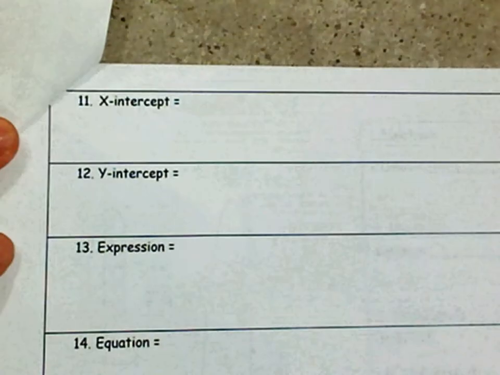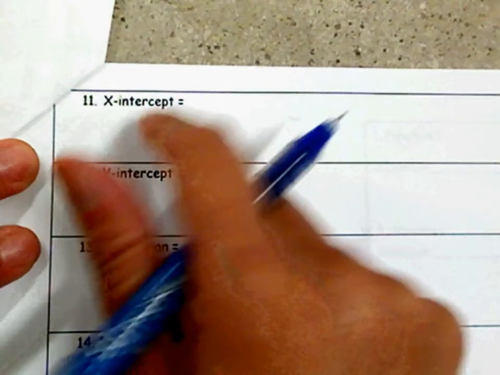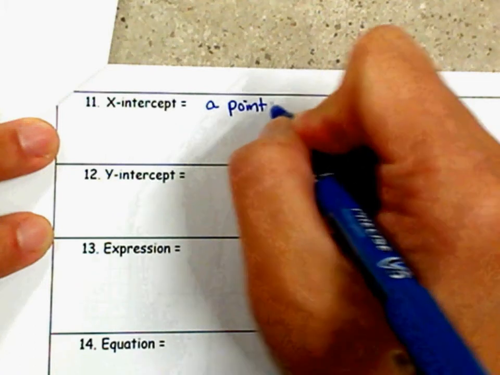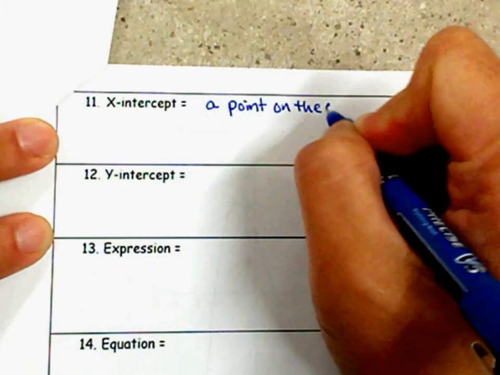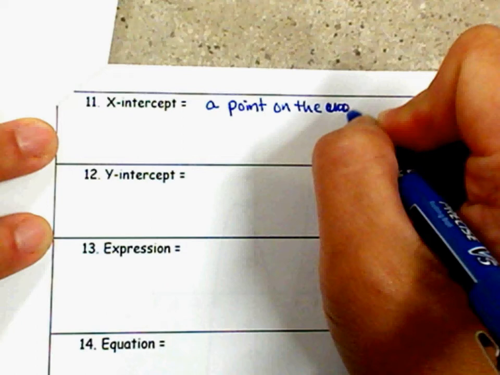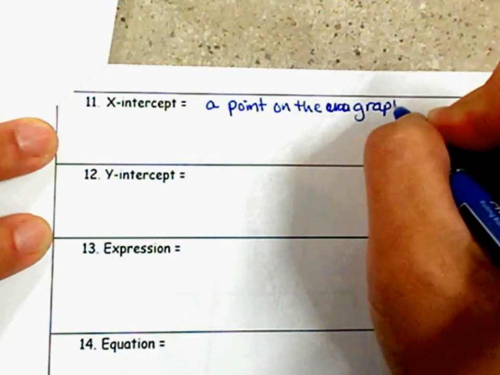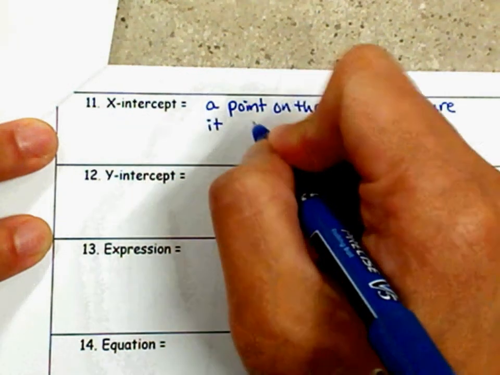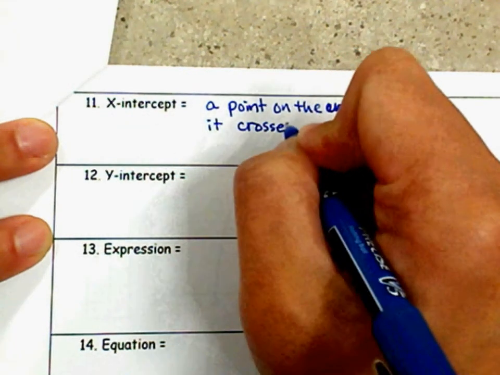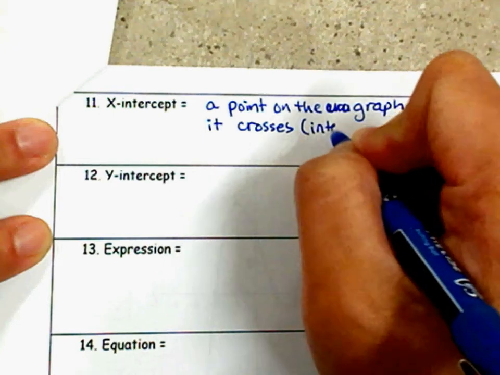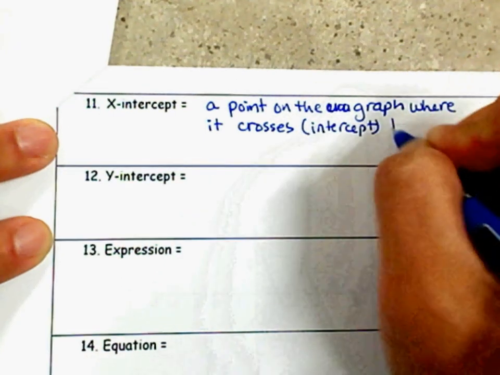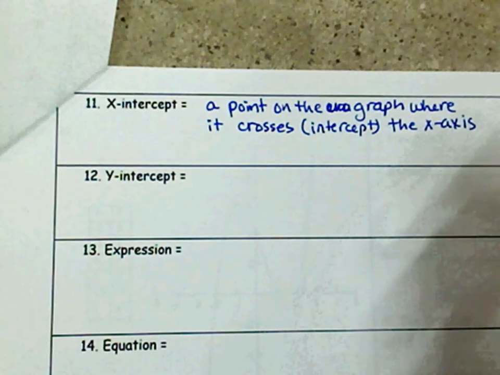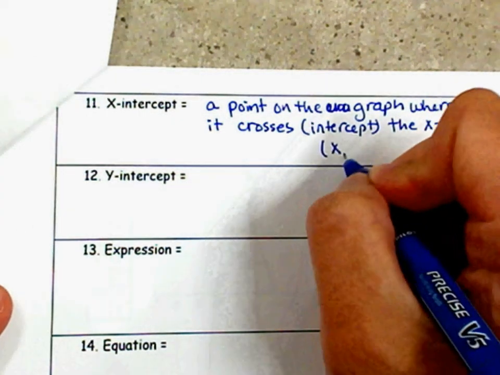Number 11, x-intercept. It's a point on the graph where it crosses the x-axis. Sometimes you see the word intercept. Whenever that happens, you usually have an x and the y is 0.